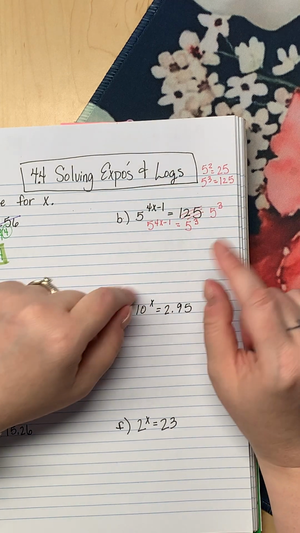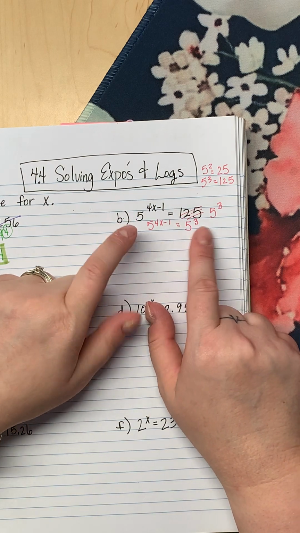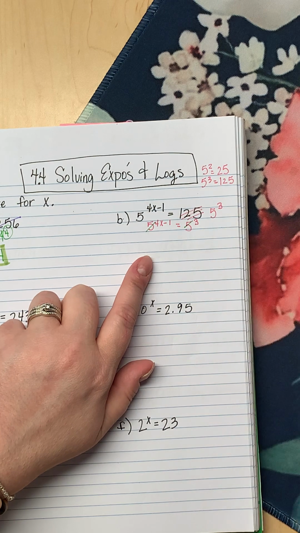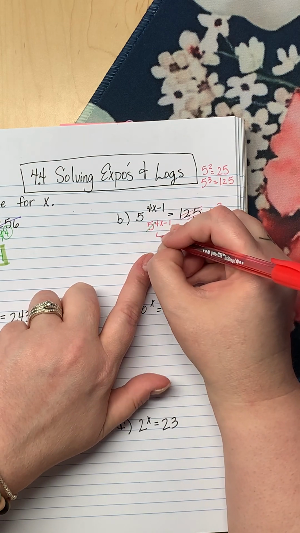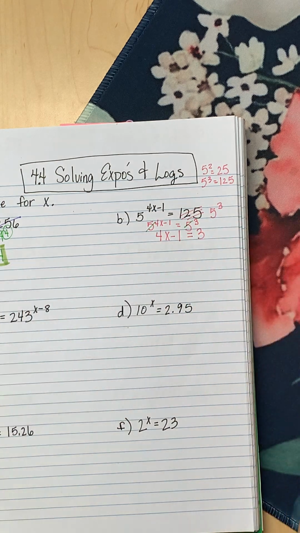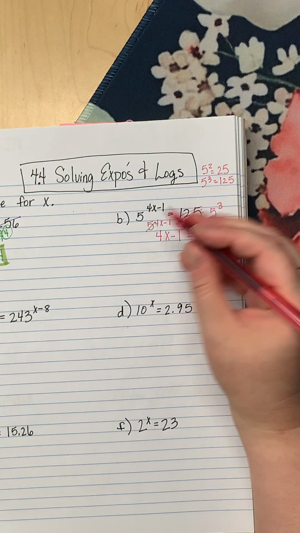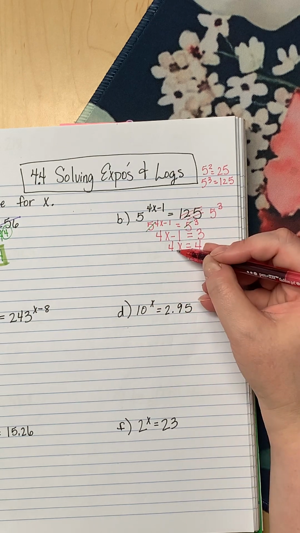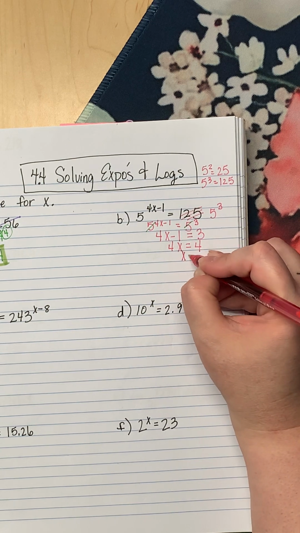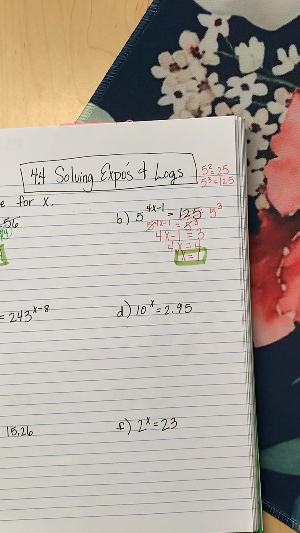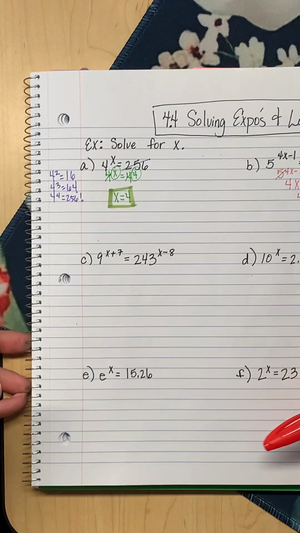And then now, since there's an equal sign between this and my bases are equal, I can cross out those bases, goodbye 5s, and I just have left over 4x minus 1 equals 3. And then we're going to finish it. Add 1 and you get 4x equals 4. Divide by that 4 on the x and we get x equals 1. Okay, let's go to part C.